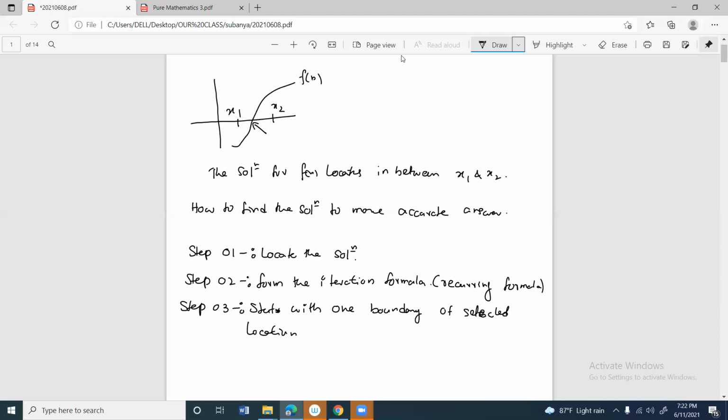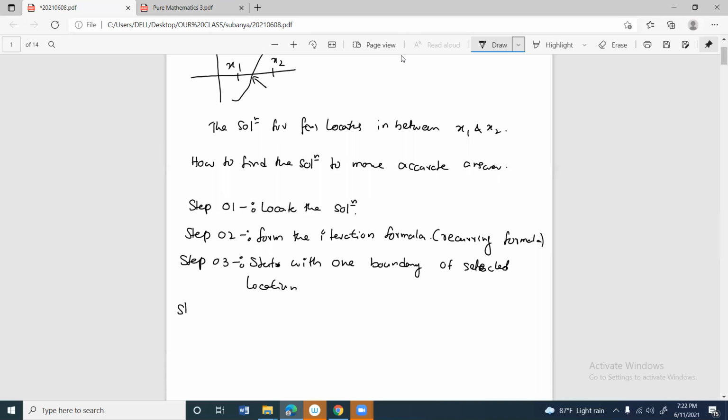Then step four, repeat the process until you get the solution up to the required decimal point.